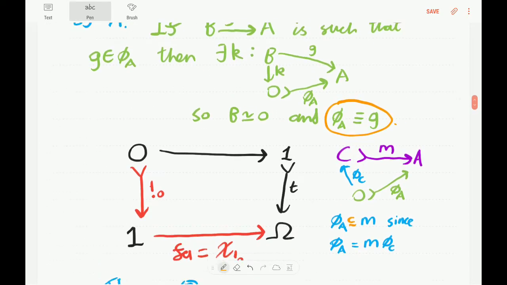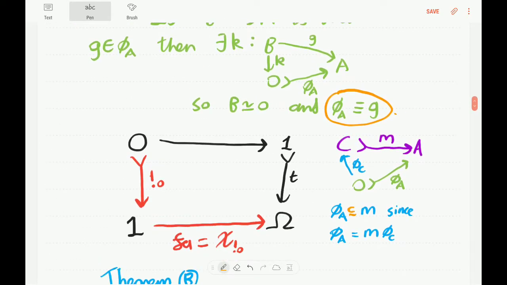So we know that when we have an arrow from an object that sends everything to true, that's the classifying arrow of the full subobject. Now what we're going to see is that when we have an arrow that sends everything to false, it's the classifying arrow of the empty subobject.